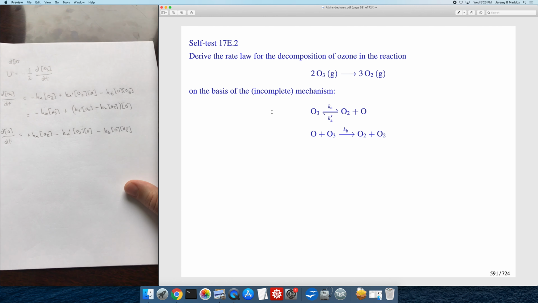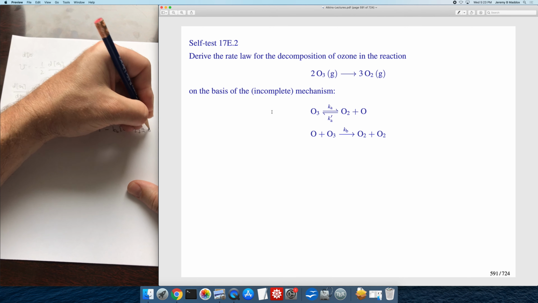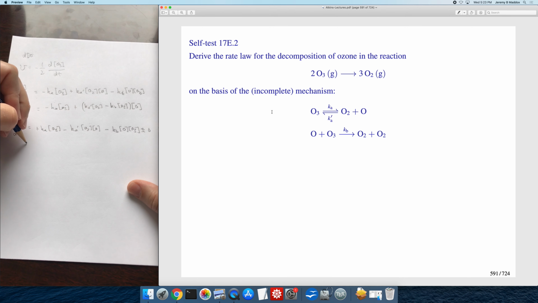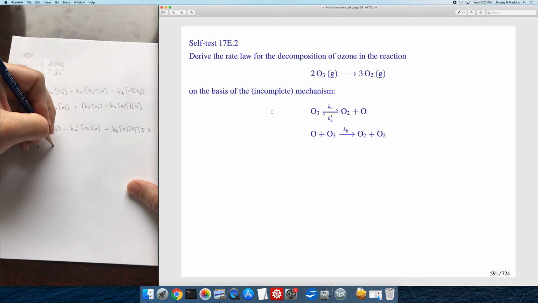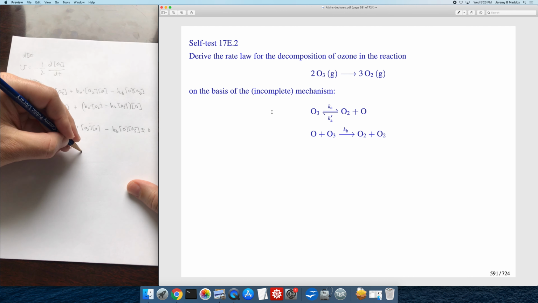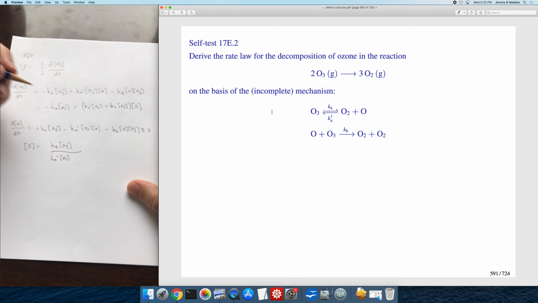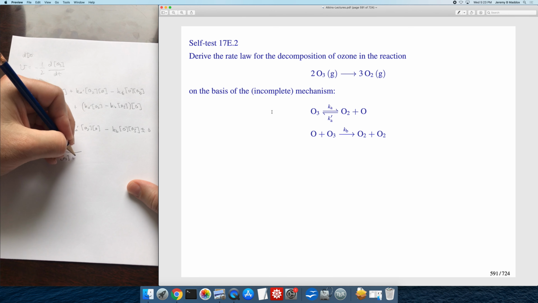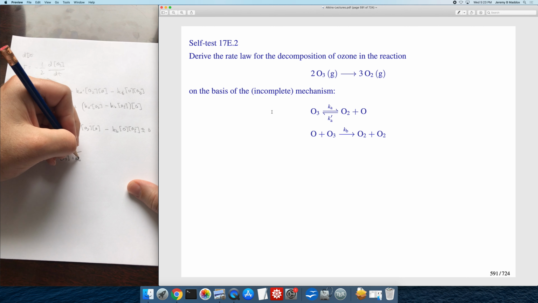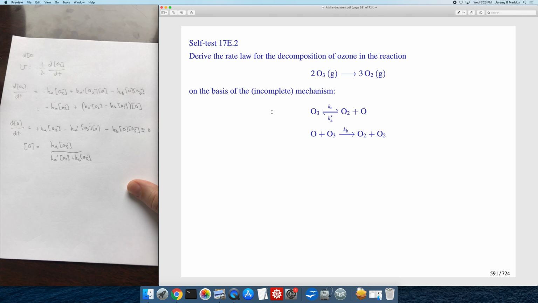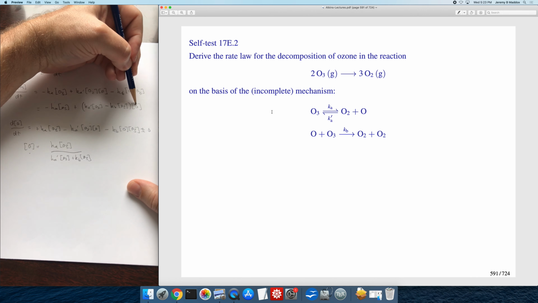Now, steady state approximation, set that equal to 0, and we'll solve for the oxygen concentration. I believe that's correct. So this now gets substituted in here.